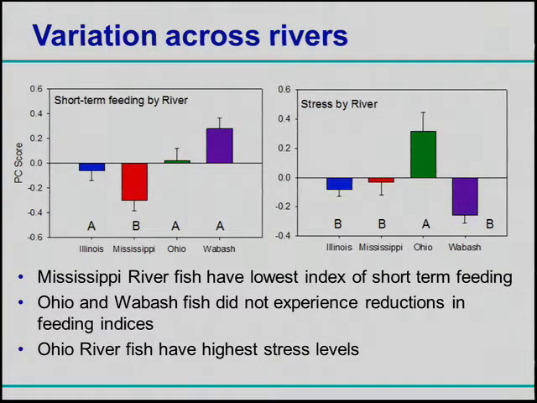Keeping in mind, again, these ones here, that's that invading front. There's very low population densities here, so these animals are just starting to colonize this particular environment. Doesn't seem to be hindered by any kind of poor feeding index. And then the Ohio River fish have the highest level of stress, and we're starting to drill down into these and look at them in a little bit more detail.